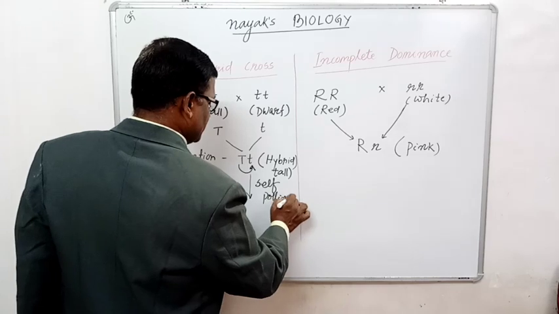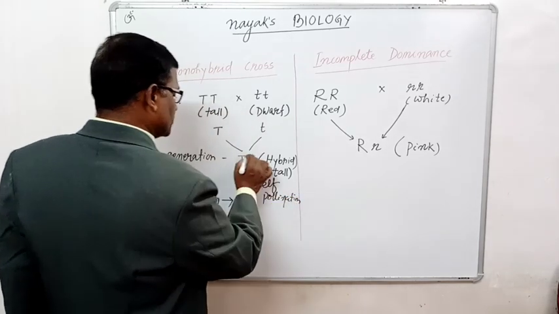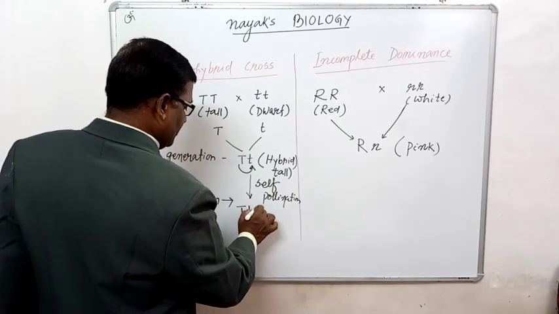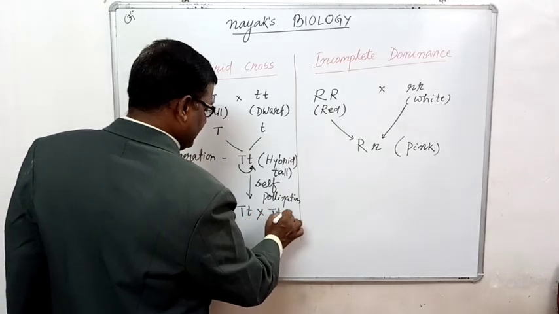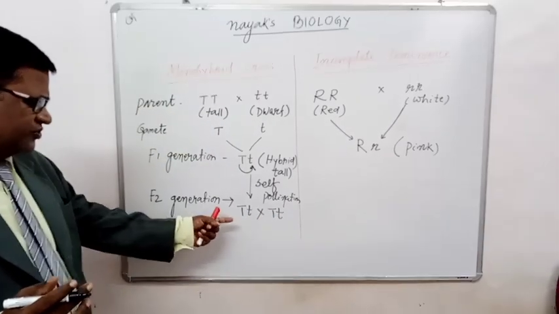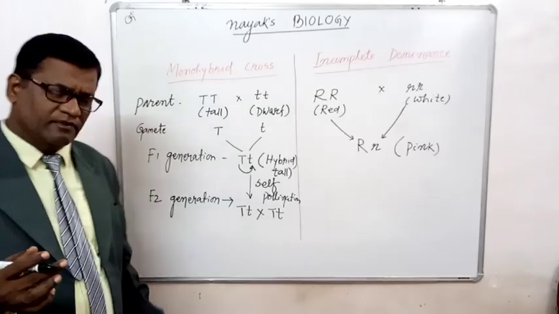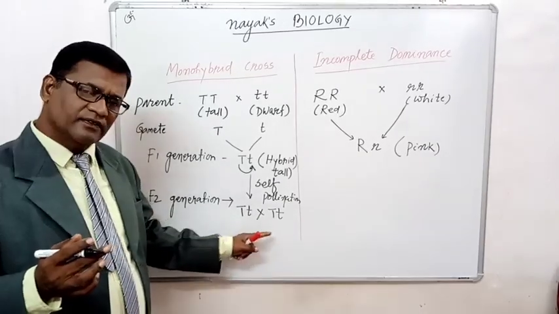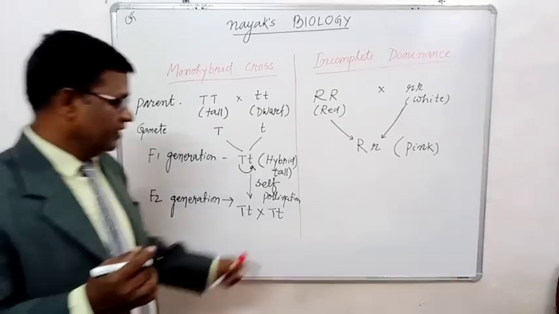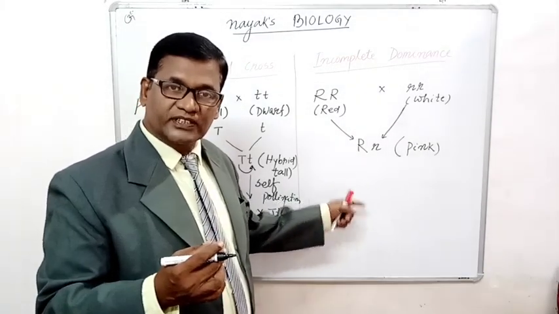In self-pollination, what will you get? You have to cross the same gametes, the same alleles, because in the same flower there is a male and a female, so self-pollination will occur automatically. In incomplete dominance we do the same thing.